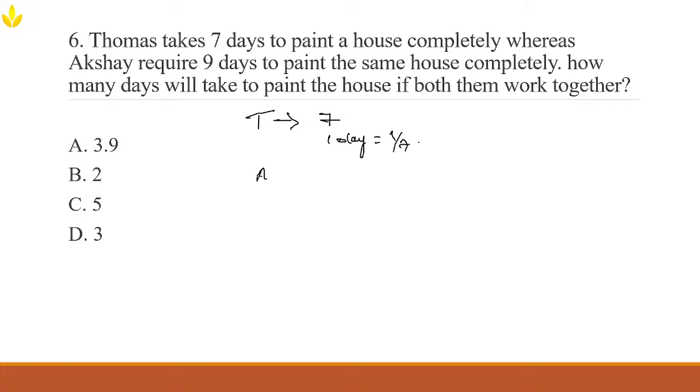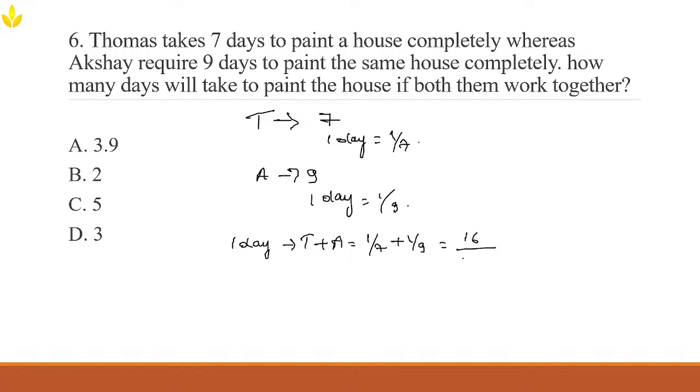Akshay takes 9 days, so in one day he can complete 1/9 of the work. Let us consider how much of the work is completed in one day if they both work together: 1/7 plus 1/9, that gives you 9 plus 7, which is 16, divided by 9 into 7.